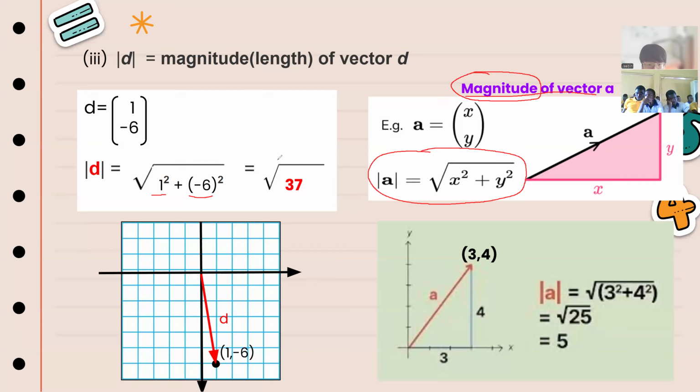In this case, we have the square root of 37. We can't really simplify that further, so we just leave it as square root of 37. That's our answer for part 3.